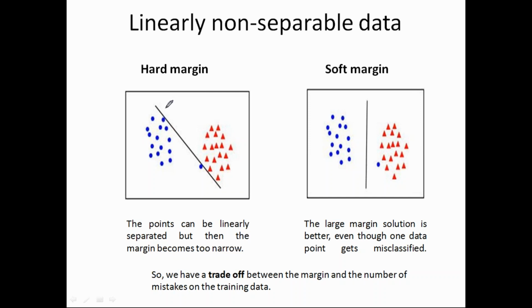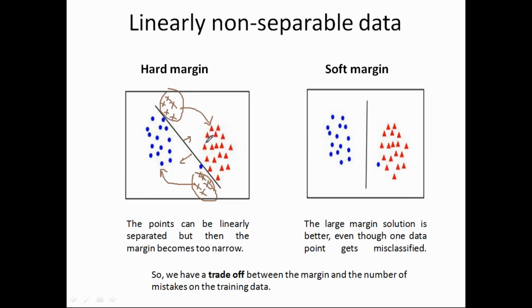I will say, what if the data points are here, here, here, here? If you go by hard margin, all these data points should belong to this class and all these data points should belong to the blue class, because it is on this side of the line.